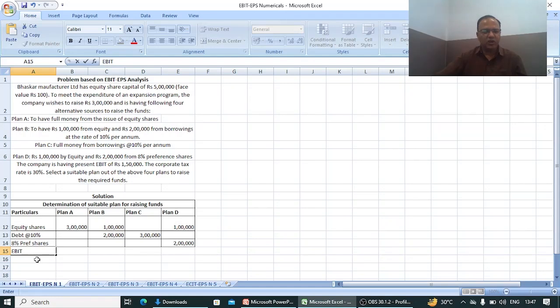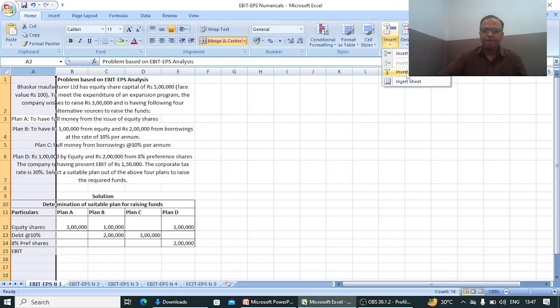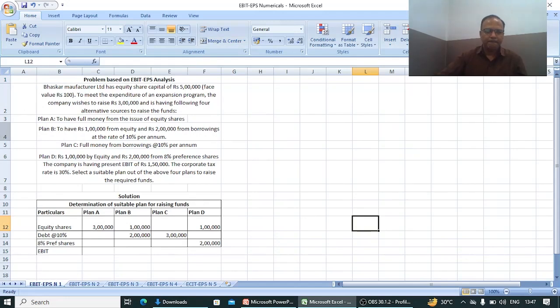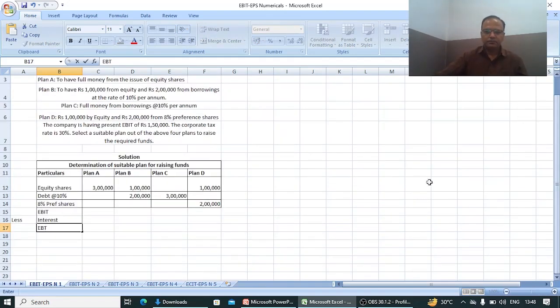The format is simple. First of all, you have to write down EBIT, then less interest. The resultant figure is EBT, less tax.